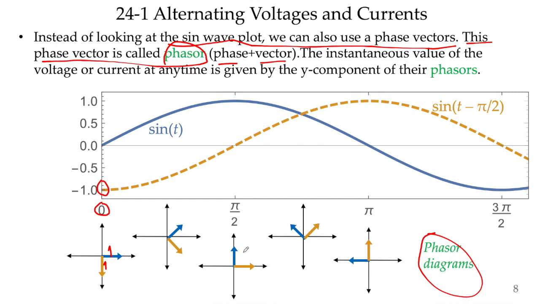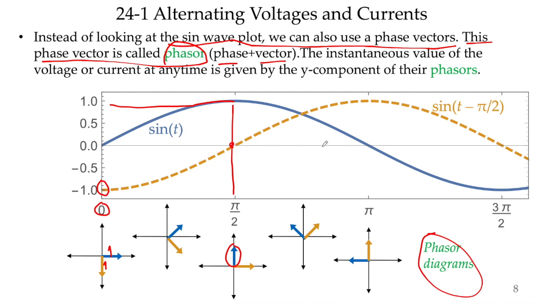Now let's look at this one. Now the blue is at, actually the y component is 1, which you can see, the blue curve at time pi over 2, its y component is 1. You can see it here, same thing. And the yellow curve's y component is 0, and you can see that it's actually 0.